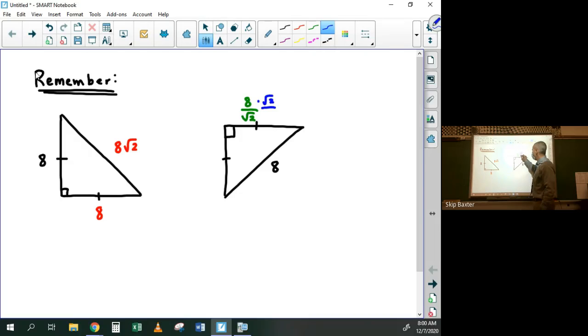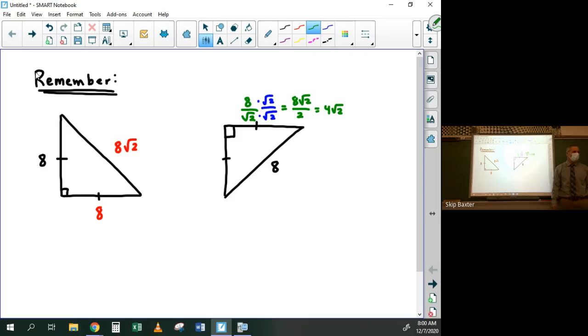We multiply by radical 2 here on the top and bottom, which gives you 8 radical 2 over 2, or 4 radical 2. So the shortcuts are, if you know the leg, you multiply by radical 2 to get the hypotenuse. If you know the hypotenuse, you divide by radical 2 to get the leg.